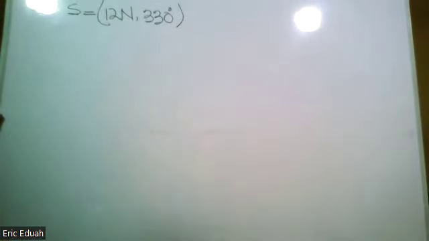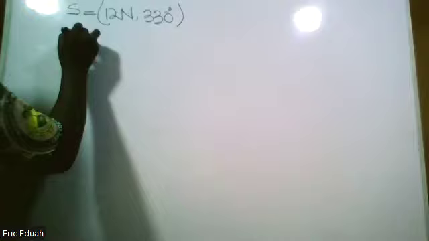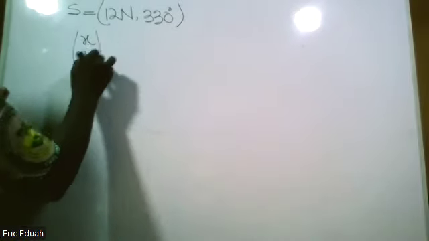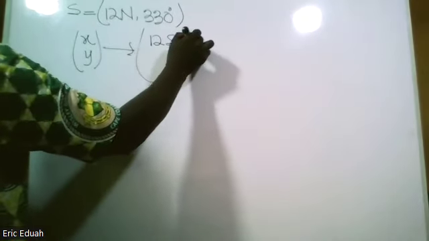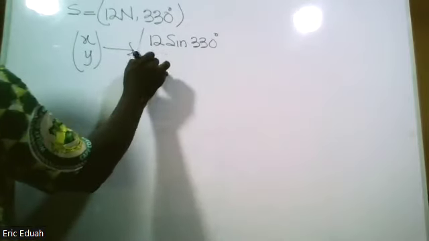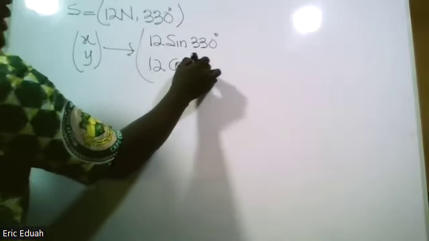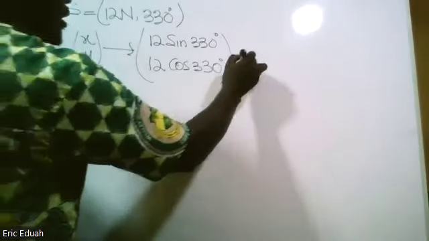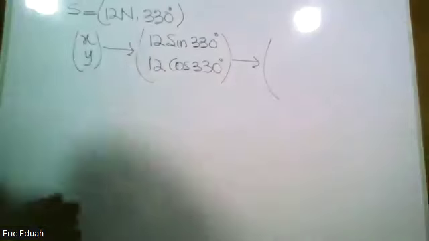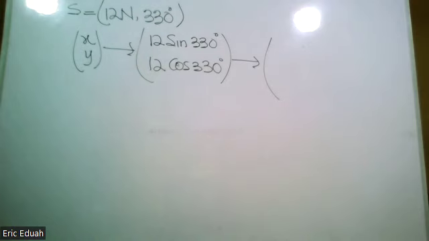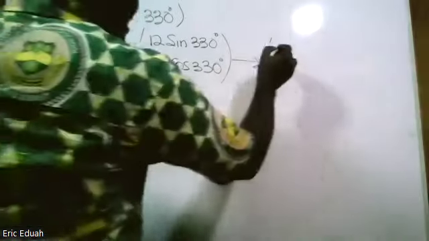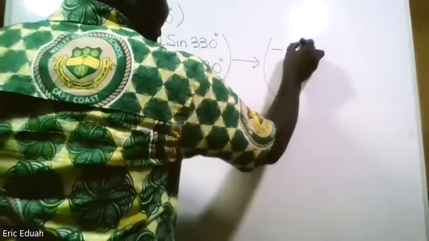So if you understand what you are doing, then the X and Y components would be equal to 12 sine 330, 12 cos 330. And this would be equal to, what is 12 times sine 330? Minus 6. So this is exactly minus 6 Newton.